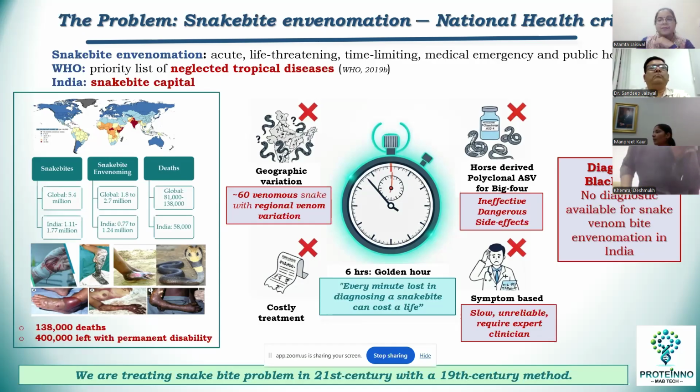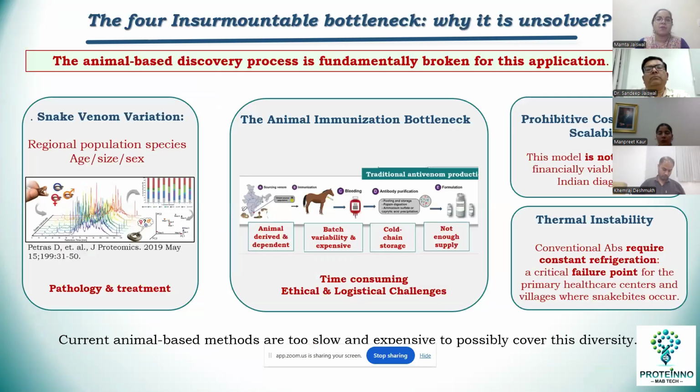Looking at the Indian geographical variation, this animal-based discovery process is fundamentally broken for anti-venom development, first of all because of snake venom variation.